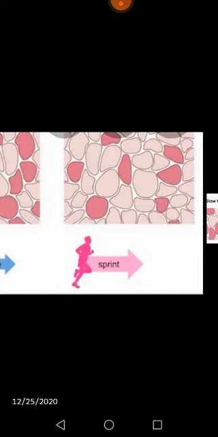These muscles contract very quickly, so they get easily fatigued and tired. What muscles can we quote here? We can quote the extraocular muscles of our eye, and even the muscles of our digits.